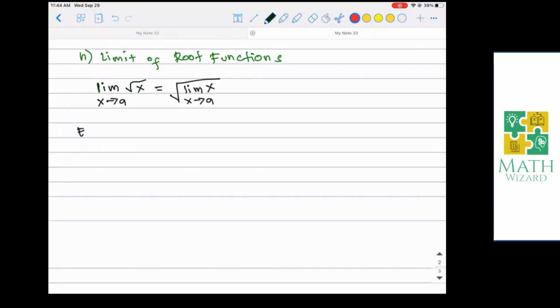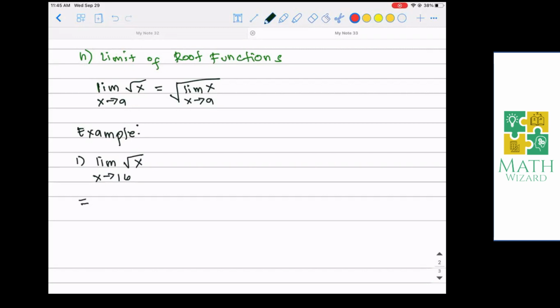So let's have our example for this one to understand it better. Let's say we have the limit of the square root of x as x approaches 16.